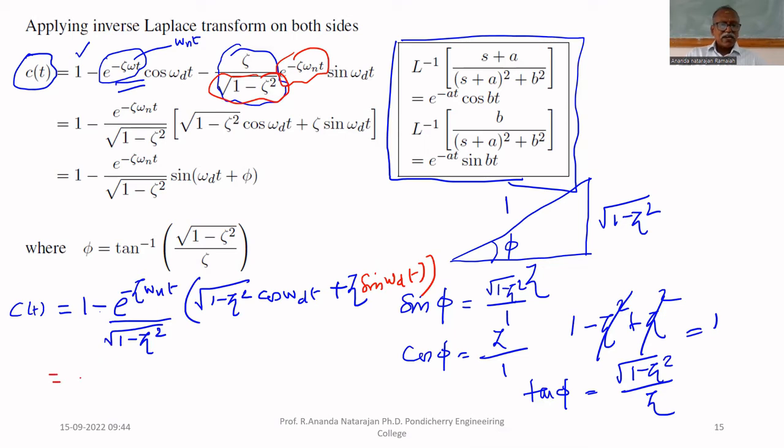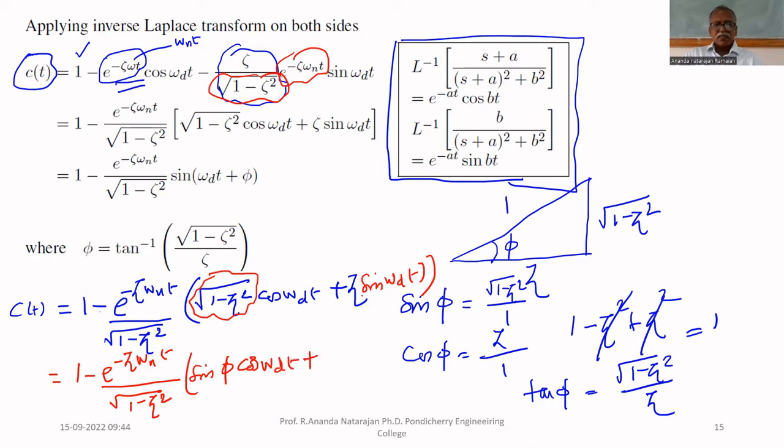So now we can write 1 minus e power minus zeta omega nt upon square root of 1 minus zeta square, times something. What is this equal to? Sin phi. So instead of this, we can write sin phi cos omega dt, plus, instead of zeta, cos phi sin omega dt.